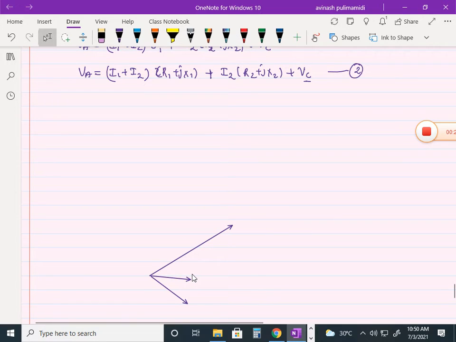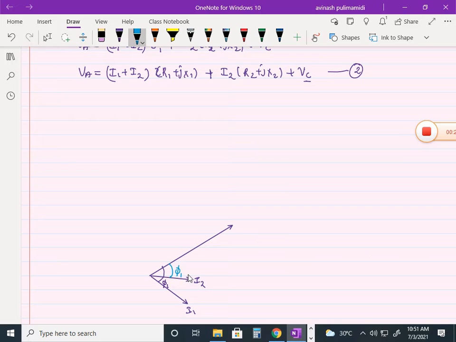Here it is nothing but I1, so it is making an angle of phi 1 with VC. Let us take I2, which is also making an angle of phi 1.